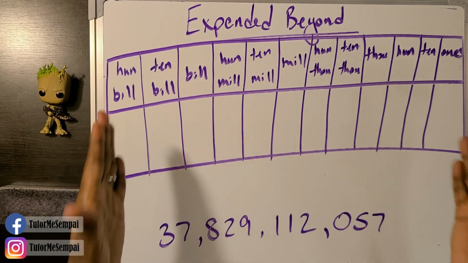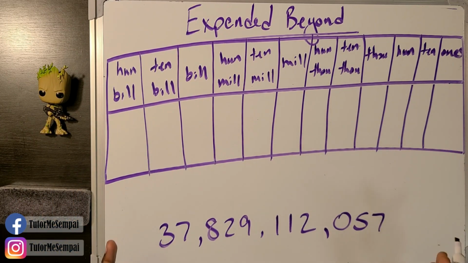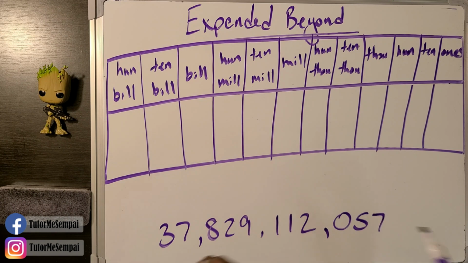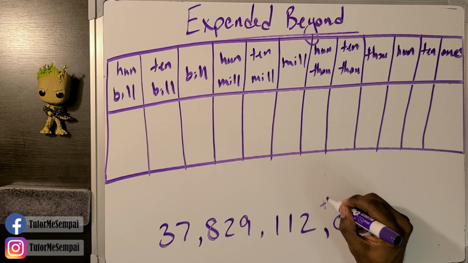However, let's say we were given this place value chart for this big number. The first thing you should know how to do is read this number, because you should be able to check to make sure whatever your final result is, it kind of makes sense. So let's first read this number. And remember, we're going to be naming our commas from the right. So this is the 1,000 comma.